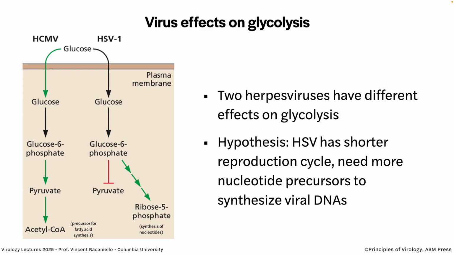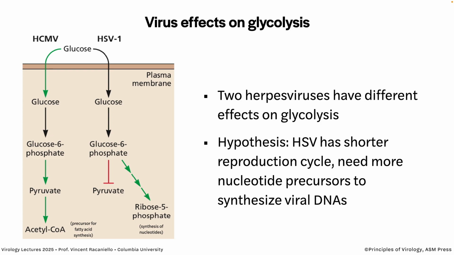But herpes simplex virus doesn't really increase glucose uptake. It allows for the steady state to occur, and it inhibits the processing of G6P to pyruvate and instead shunts off G6P to the pathway for making nucleotides. So CMV likes fatty acids, HSV nucleotides.